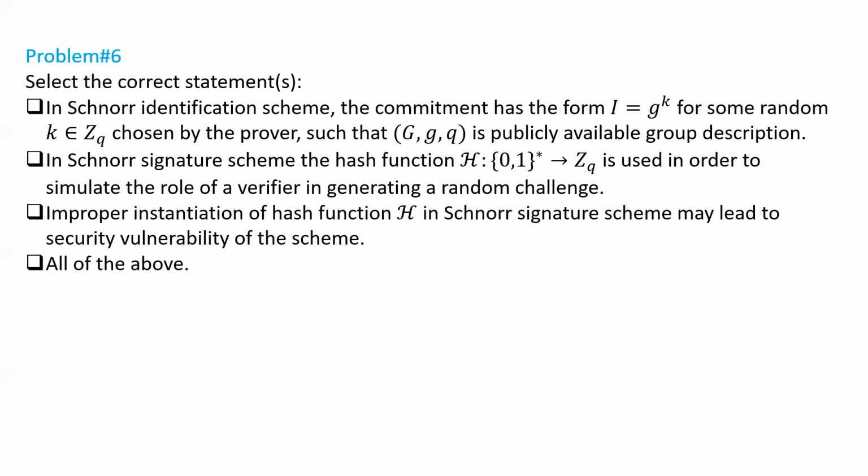So that is why H needs to be modeled as a random oracle, and that is how we prove the security of our signature scheme, which is obtained by Fiat-Shamir transform of some identification scheme. So the second statement is also correct.